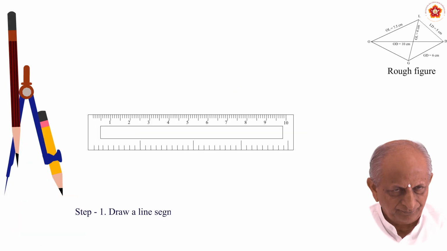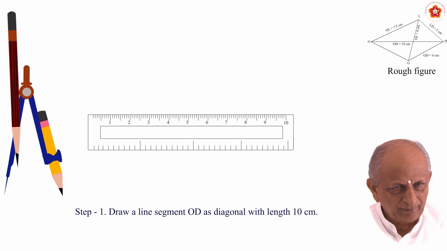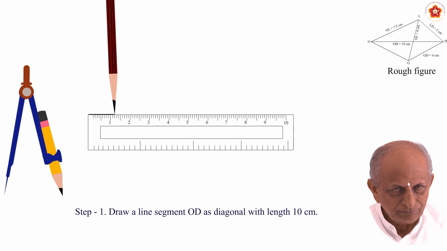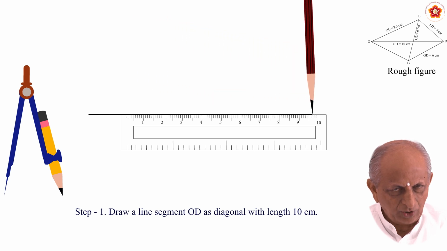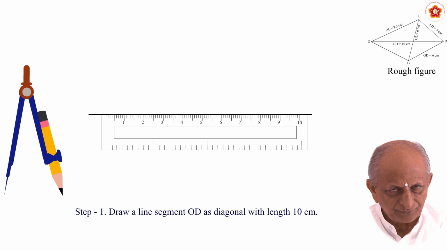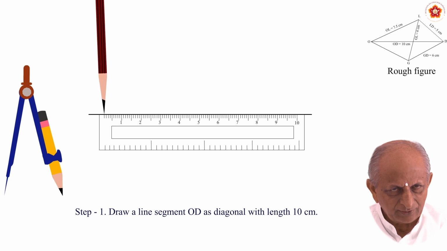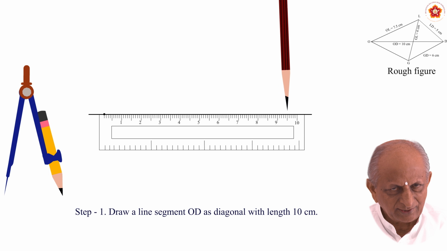Now what is the first step? First is OD. Draw a line segment OD with length 10 centimeters. So take a scale and pencil. So mark a line called OD. 2 points you mark and let the length be 10 centimeters.